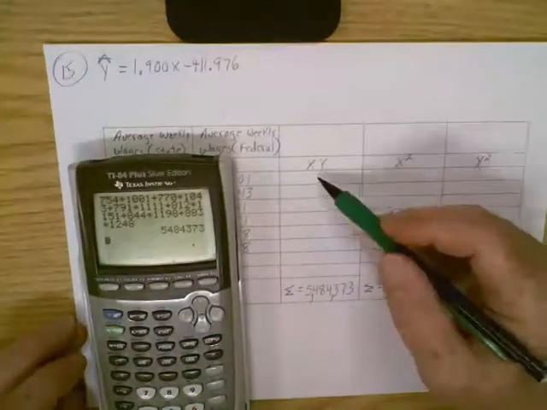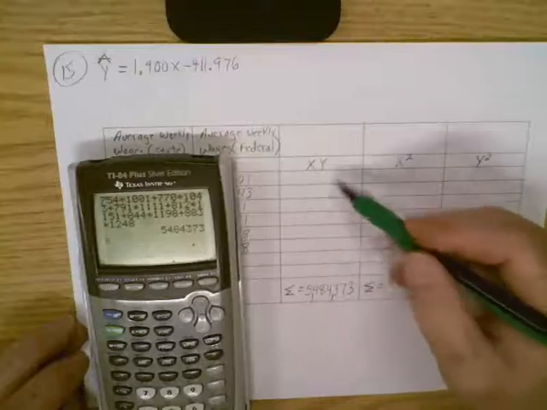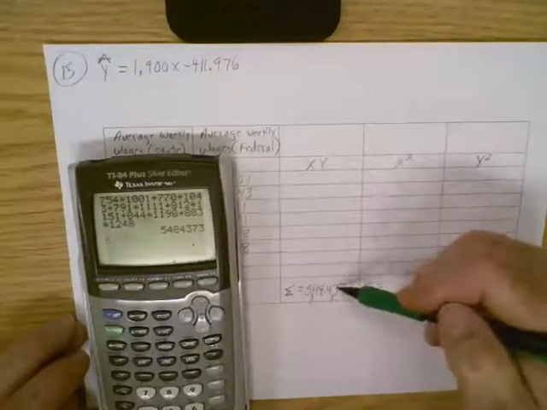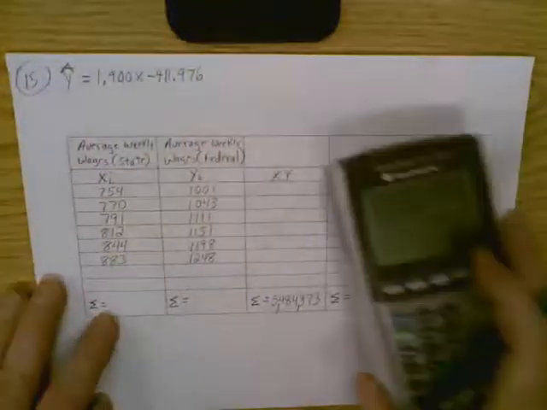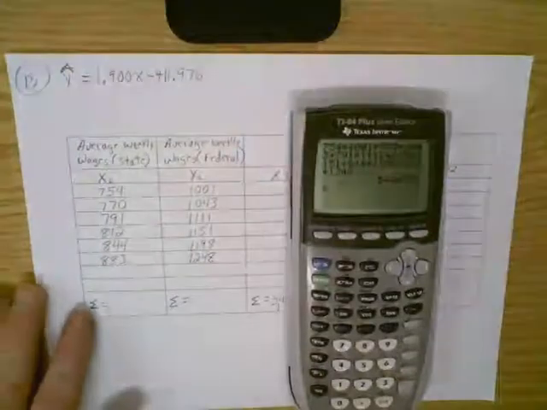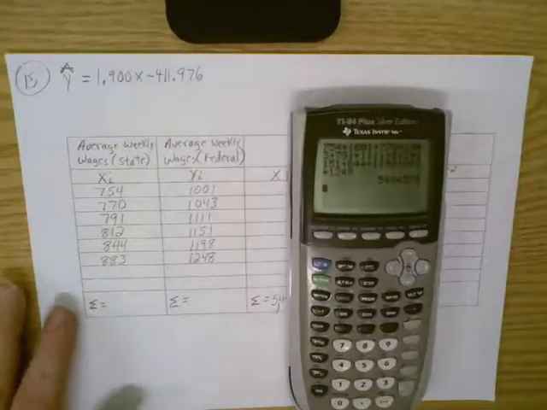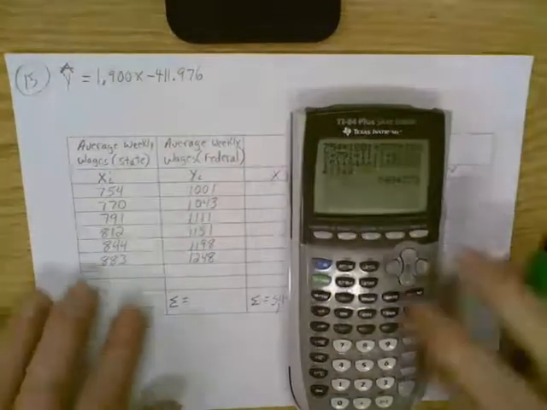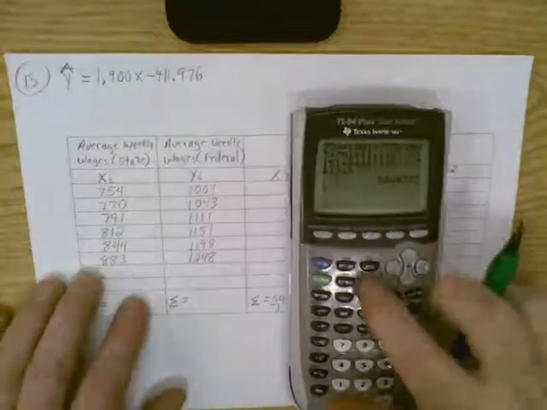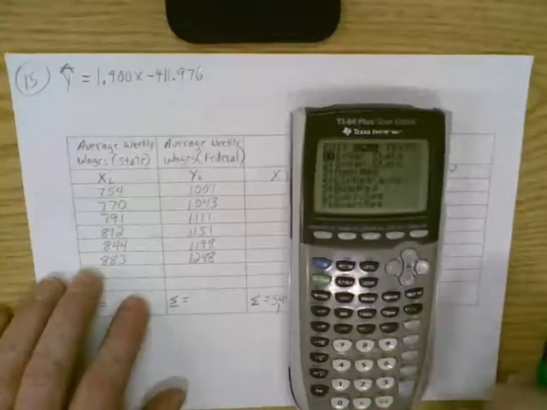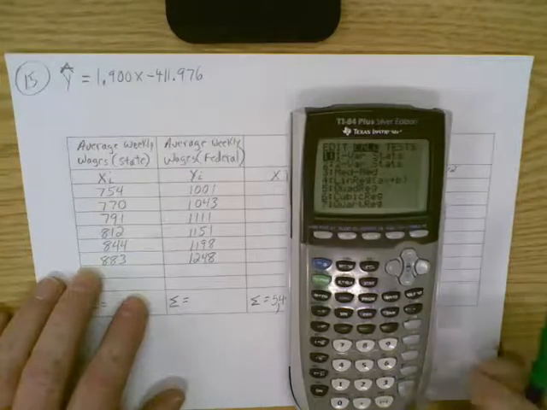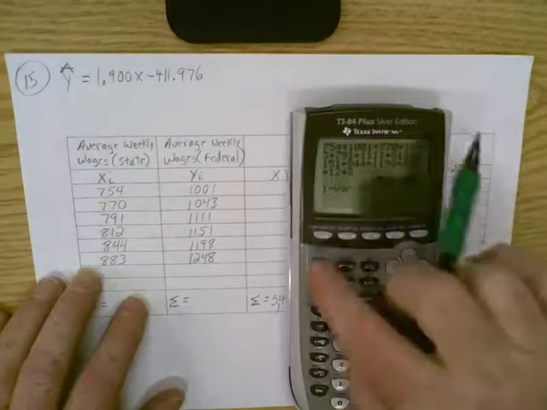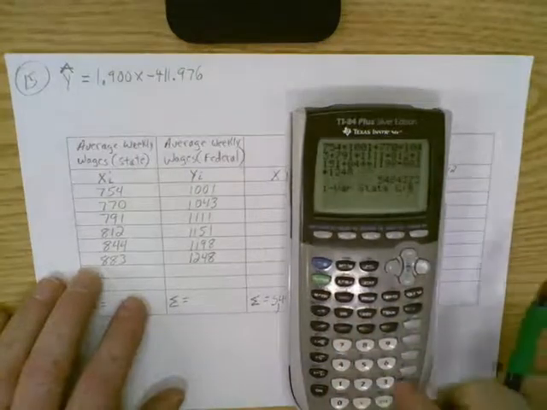So I don't really need this whole column here. I don't have to punch it in all separately, because the sum of all those is the only number I need. Then to find the other stuff that we need for the other formula, we go to stat, over to calculate, and we want the one variable stats, number 1, for list 1, which is our x's.